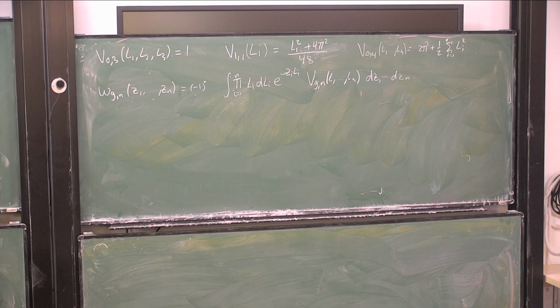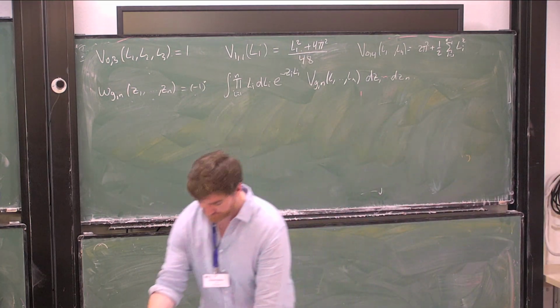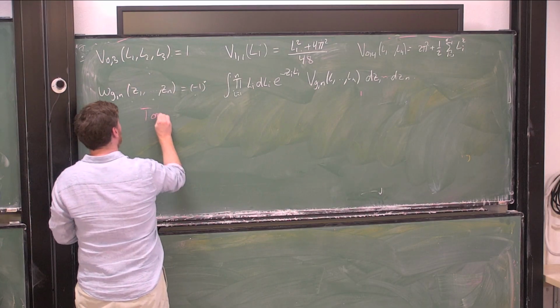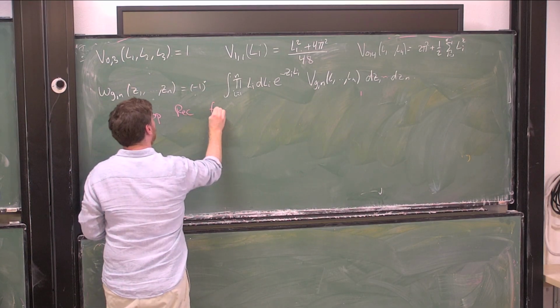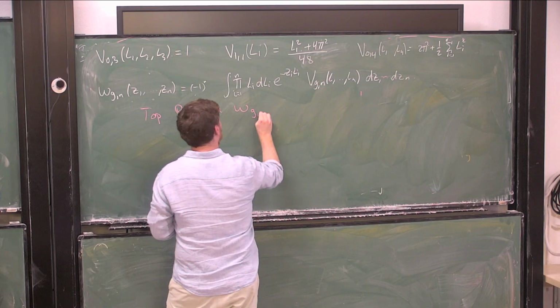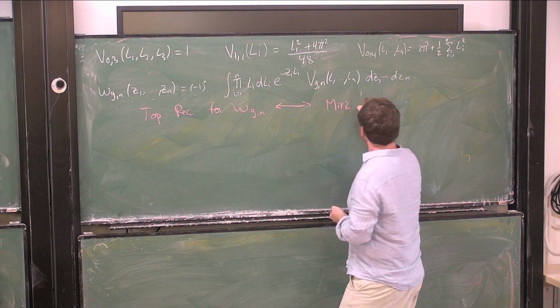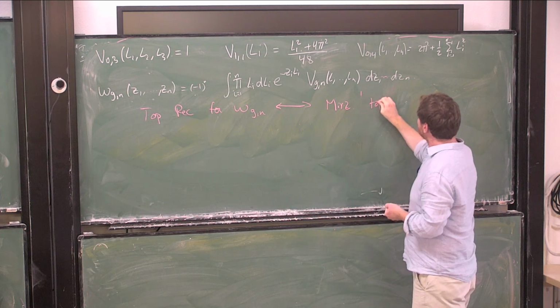So I'm just going to define these right now as the WGNs. Now, the thing is that these WGNs satisfy topological recursion. So the topological recursion with the WGNs is equivalent to Mirzakhani's topological recursion.